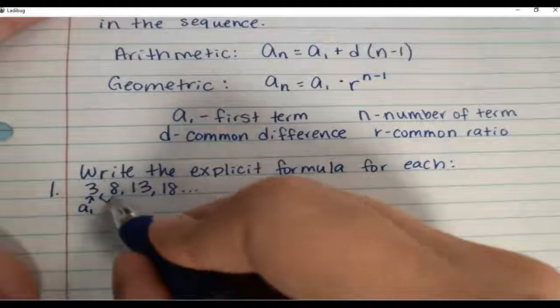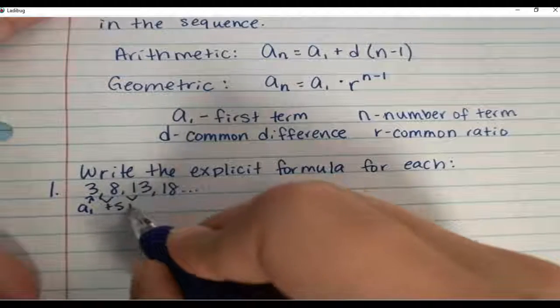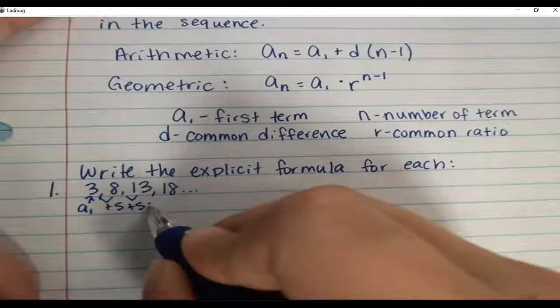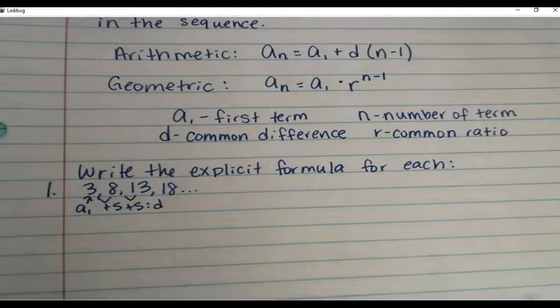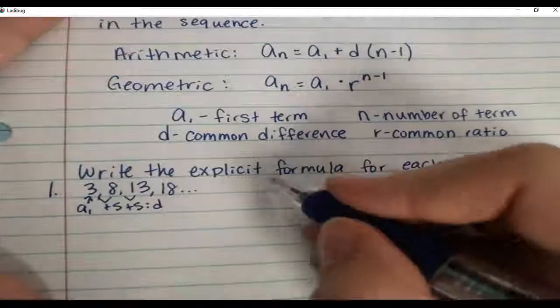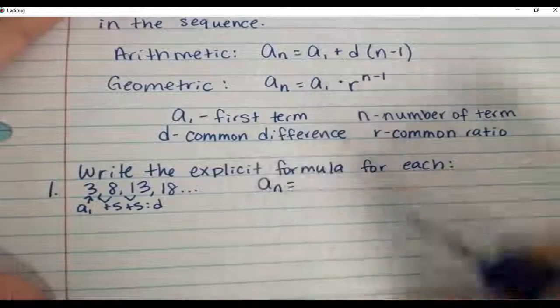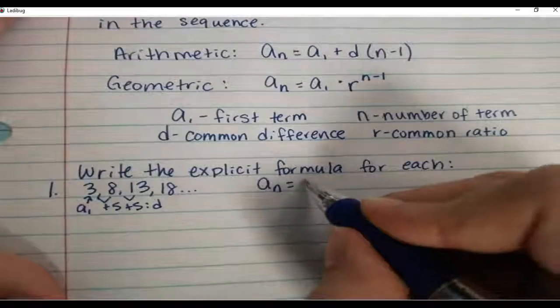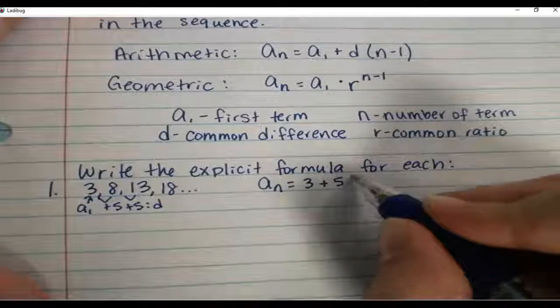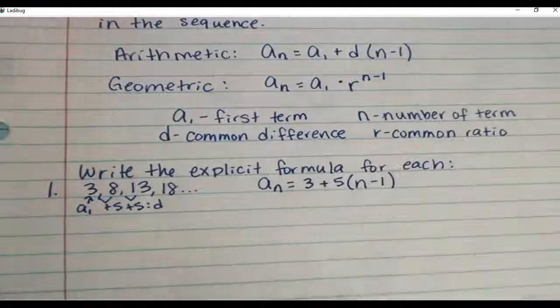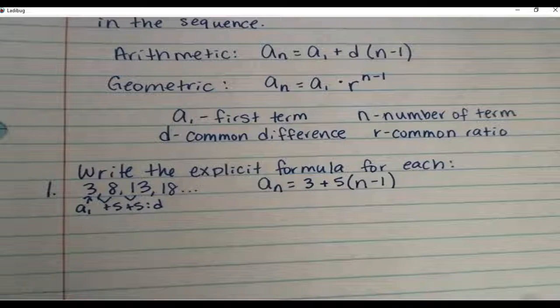And then we said each time we're adding 5. So that is our common difference. That's d. So then we just plug those two things in. So an equals, our a1 is 3, plus, our common difference is 5, times n minus 1. Can I simplify this?